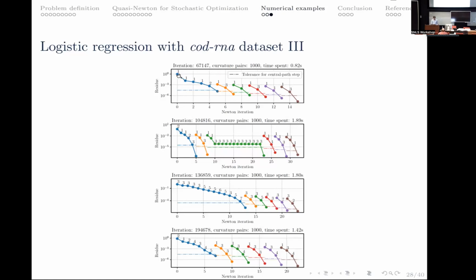It's where the big bulk of the cost of this method is. And we can see here that for this problem, the number of conjugate gradient steps and the number of Newton steps were very reasonable. And very importantly, the time spent on each of these updates didn't exceed 2 seconds for this problem.